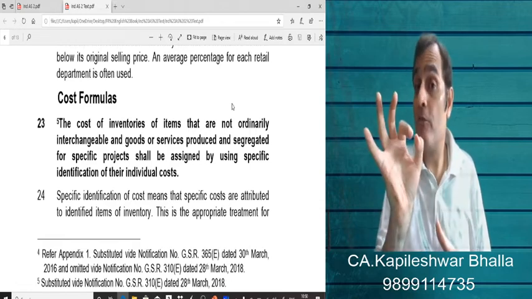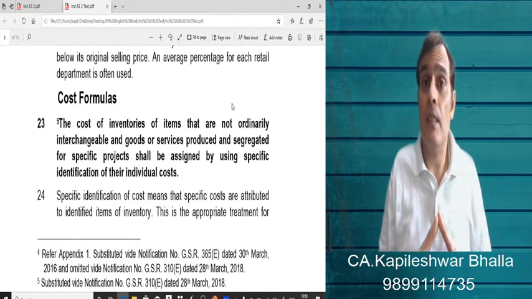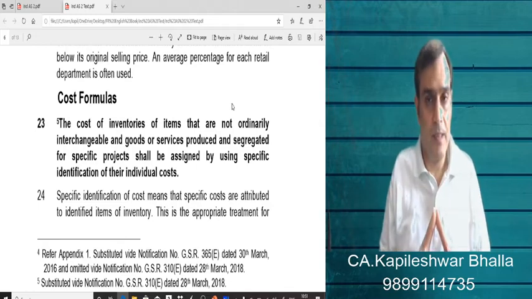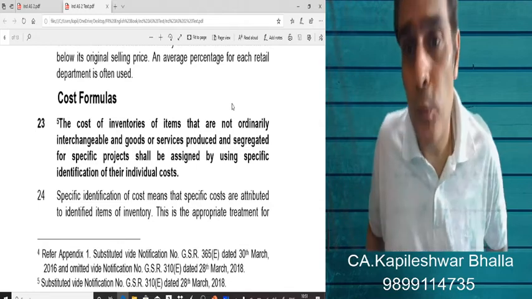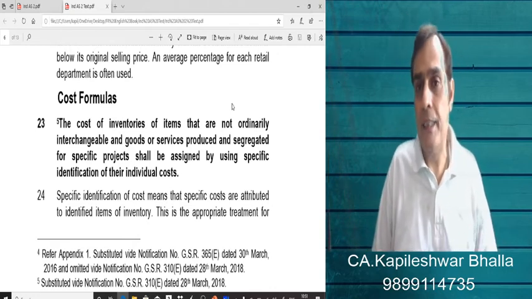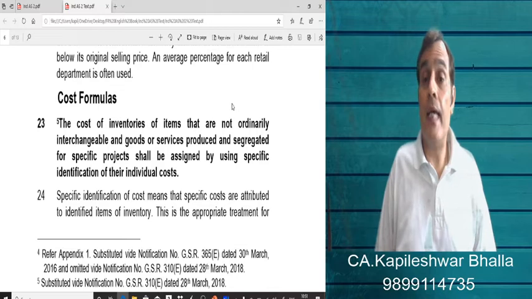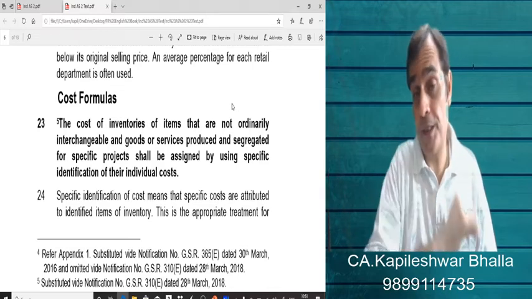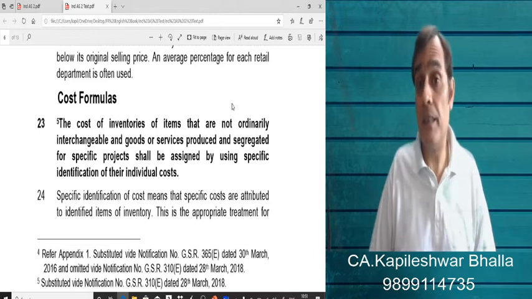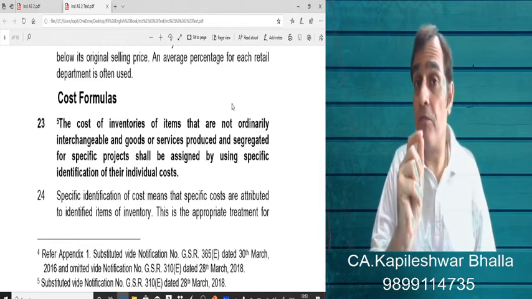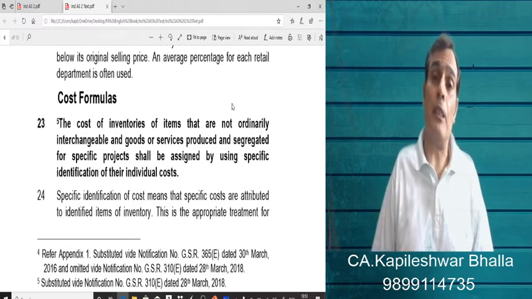I'm not looking at that phone SIM, it's called a specific identification method. Para number 23 very clearly says inventories that are not ordinarily interchangeable and are produced and segregated for specific projects, as I said, tailor-made, shall be assigned using specific identification of their individual cost.